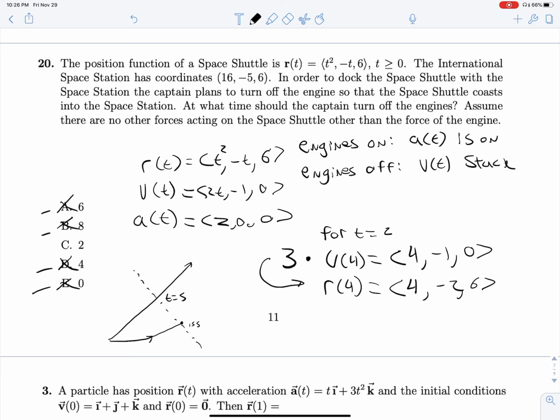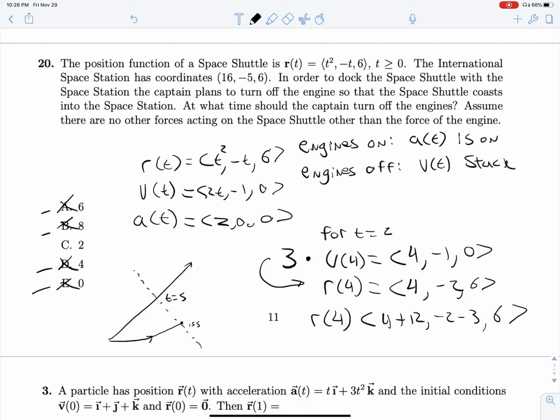Our x-coordinate is going to be 4 plus our v component here times 3, which is plus 12. We're going to get -2 minus 3 here, and we're going to get 6.